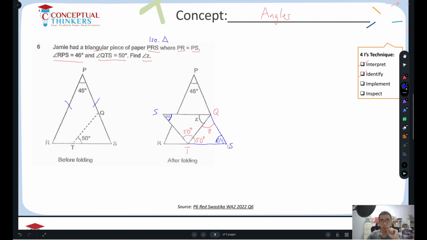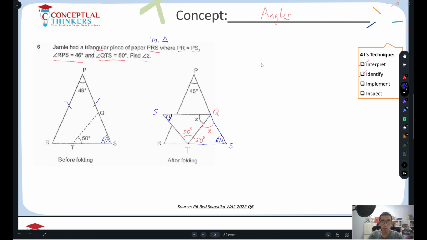If you go back to the figure before folding, this angle here is exactly our angle QST. Now what we know about triangle PRS is it's an isosceles triangle. So we can find angle QST easily by calculation, because this angle QST will be equal to PRS or PRT.